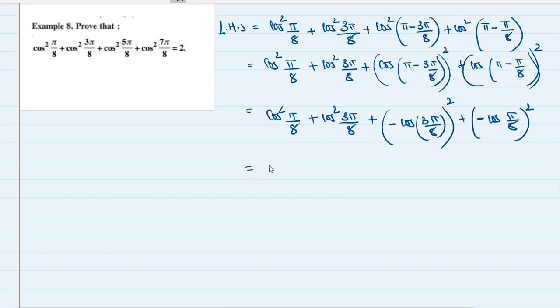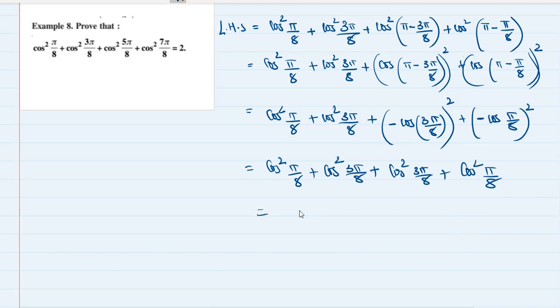Okay, so this will be cos square pi by 8 plus cos square 3 pi by 8 plus cos square 3 pi by 8 plus cos square pi by 8.